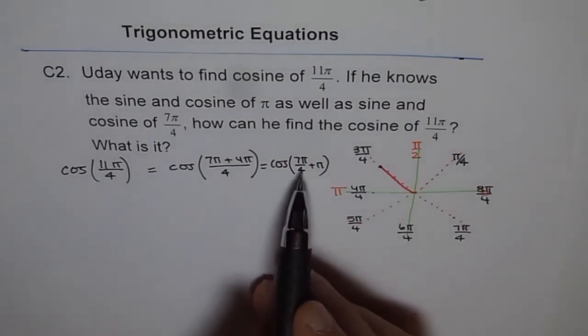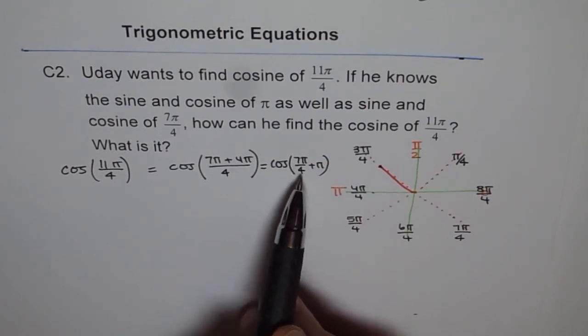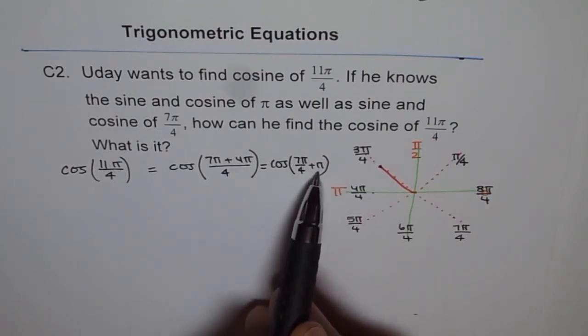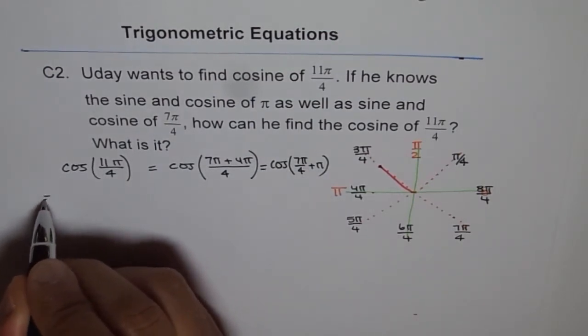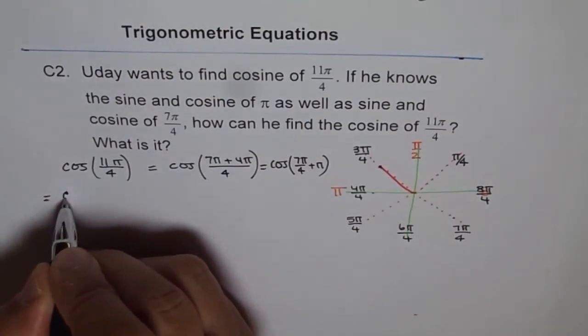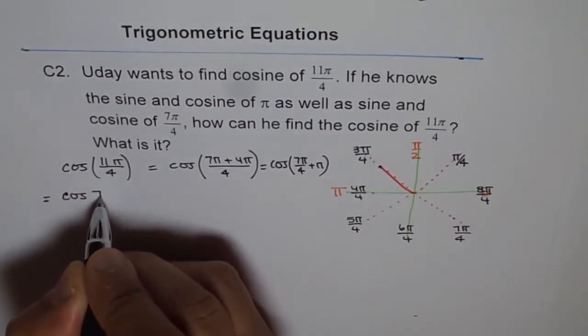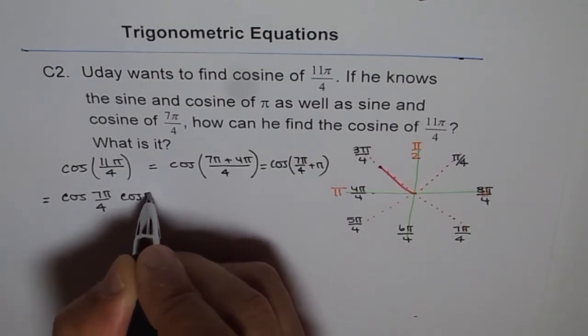And it says that we know the value of sine and cosine of 7 pi by 4 and pi, right? So now we can expand it using our formula of compound angles, cos A plus B. So we get cos A, which is cos of 7 pi by 4, times cos of pi, minus.